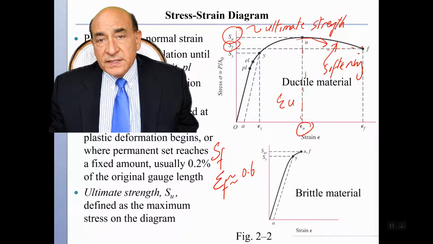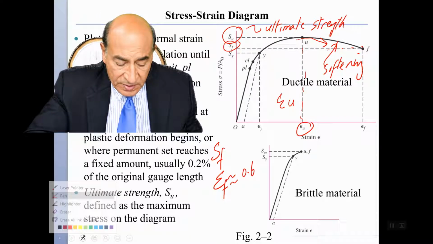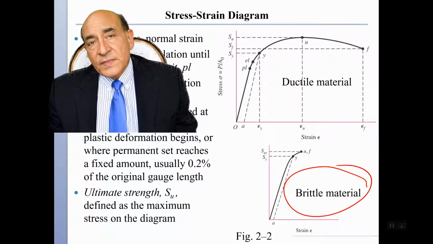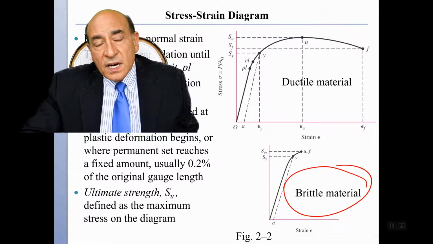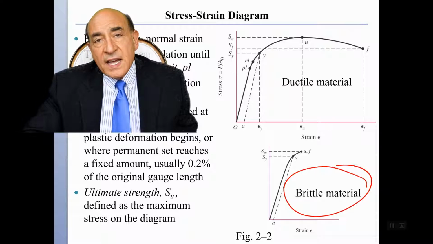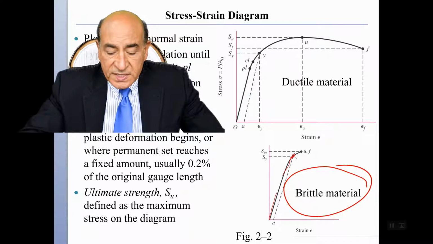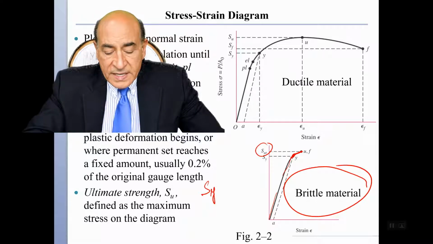That's very, very ductile. If I use another material, for example, cast iron is a brittle material, and therefore it doesn't have this work hardening capacity, and it doesn't have very high ductility. So what happens is that the yield point is reached, and just a little bit beyond the yield, then you reach the ultimate, and therefore for a material that is brittle, S yield is approximately equal to S ultimate.